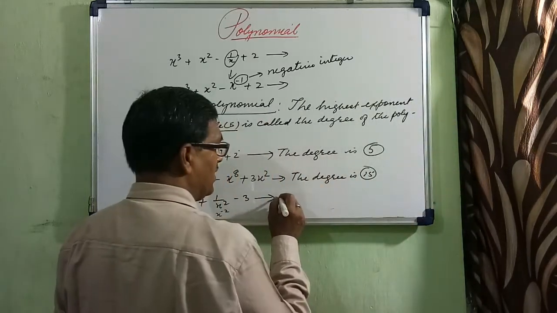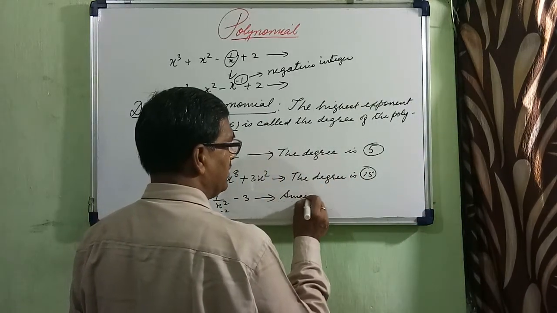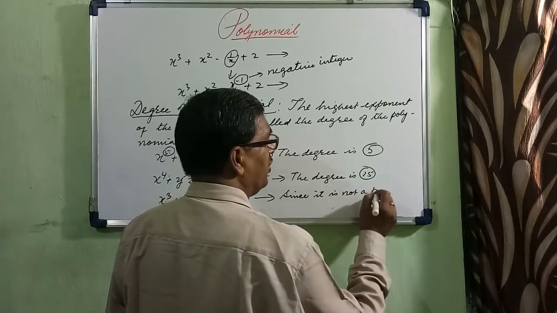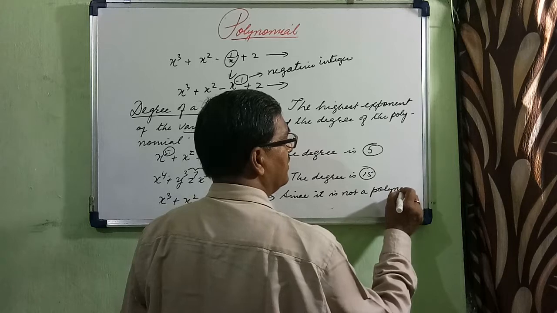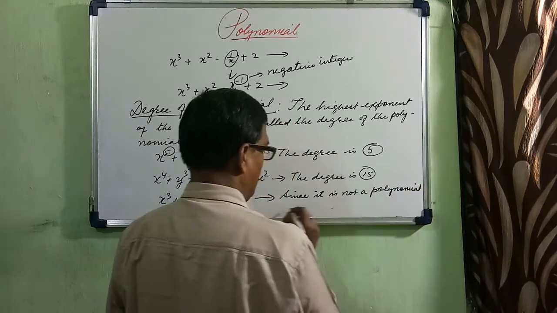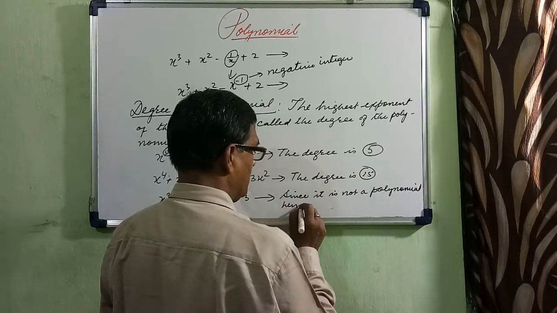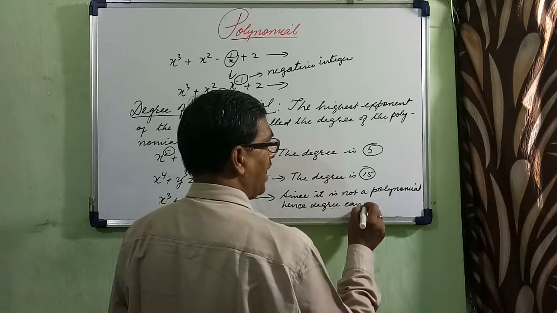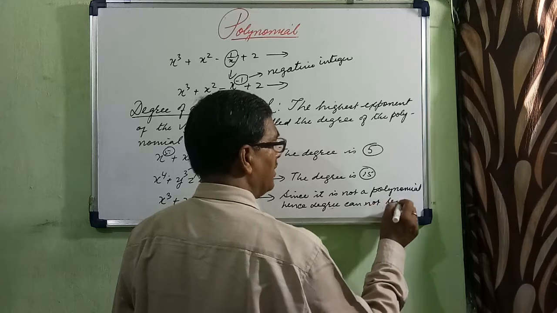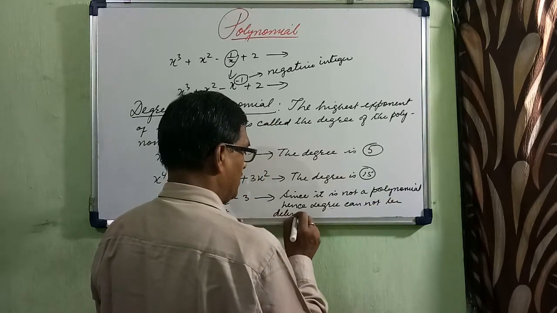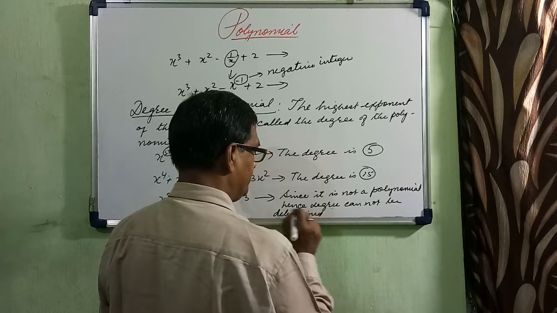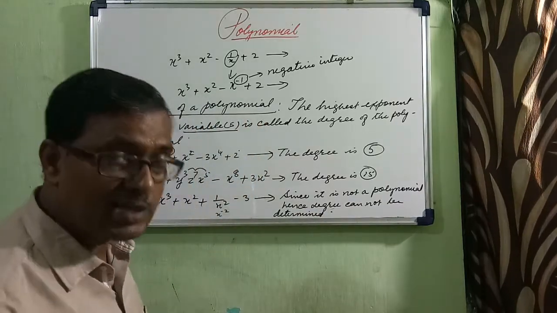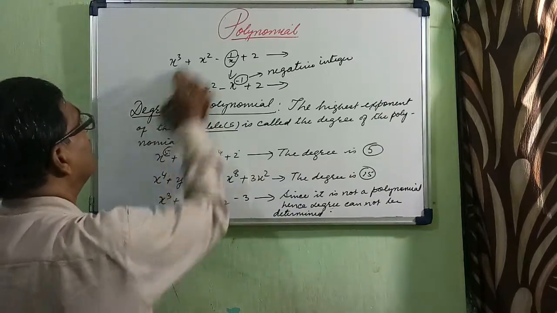So since it is not a polynomial, hence the degree cannot be determined. Now let us come to what is the zero of a polynomial.